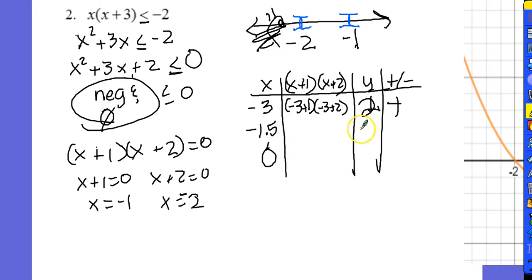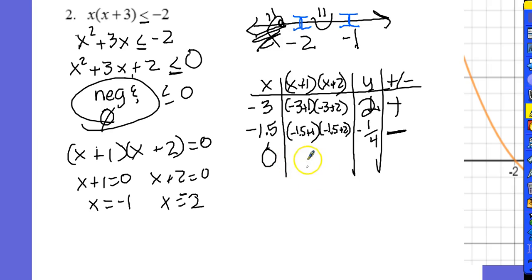-1.5, I'm just going to give you the answer. It's -1/4, which produces a negative. I would just plug that in. -1.5 plus 1 times -1.5 plus 2. That's going to produce a negative number because that's -1/2 times +1/2, which is -1/4. So we want that section.